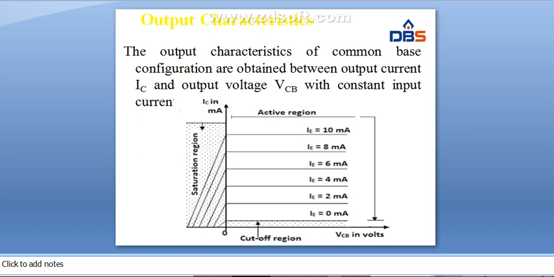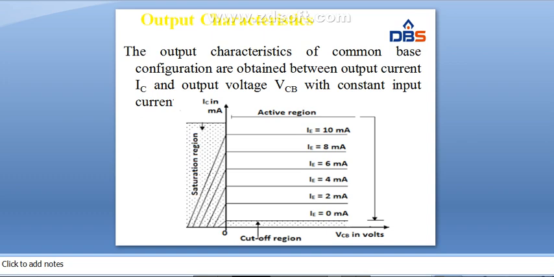The input characteristics are drawn between input voltage and input current at constant output voltage, but the output characteristics are drawn between output voltage and output current with constant input current. So to determine the output characteristics, the emitter current is kept constant at a suitable value by adjusting the emitter base voltage VBE.